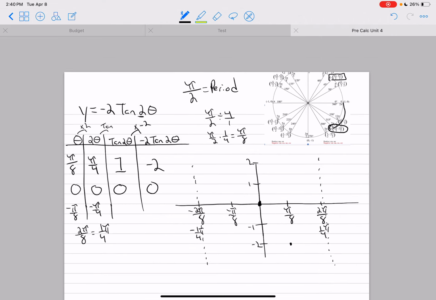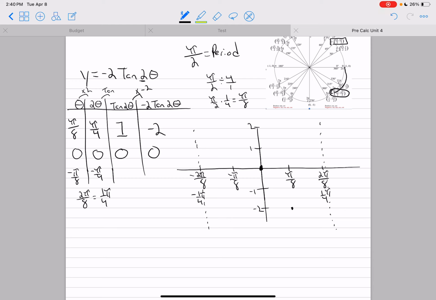But we should know at this point that is going to be a negative 1 because it's the opposite of pi over 4. And I take a negative 1 times a negative 2 and I end up with a positive 2. So this ends up here.